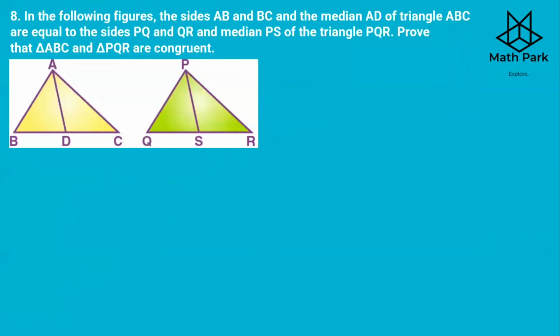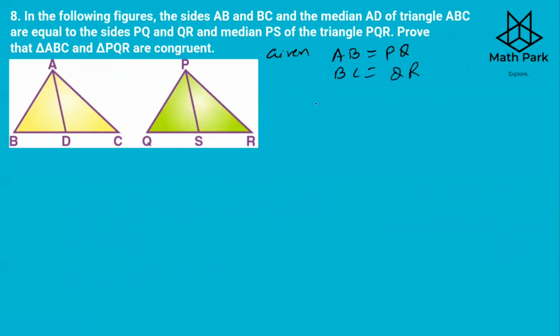In this question, question number 8, in the following figure, the sides AB and BC and the median AD of triangle ABC are equal to sides PQ and QR and the median PS of triangle PQR. So what is given to us? Let us write, you are given AB is equal to PQ. Then you are given BC is equal to QR.